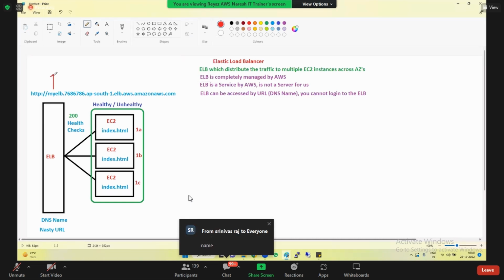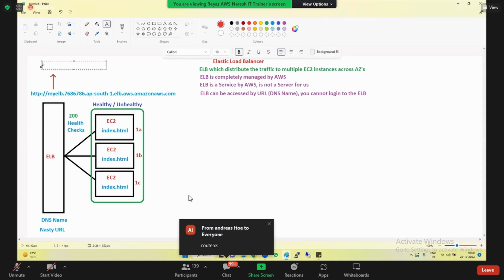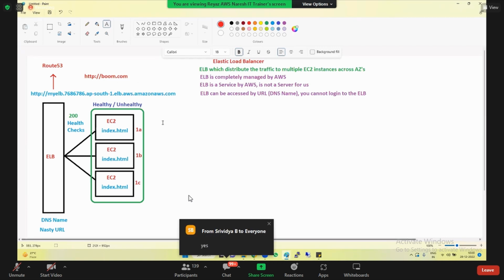So the makeup can be done from Route 53. Super. Route 53. So I can go and map it like this, http://boom.com. Yes. Everyone understood?